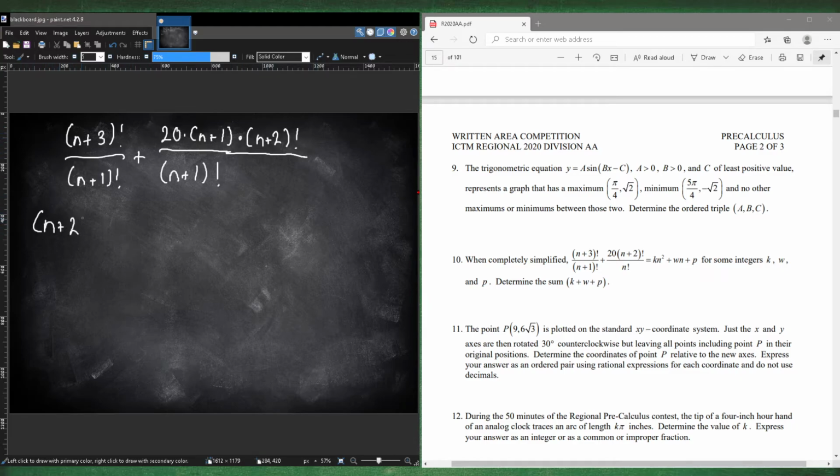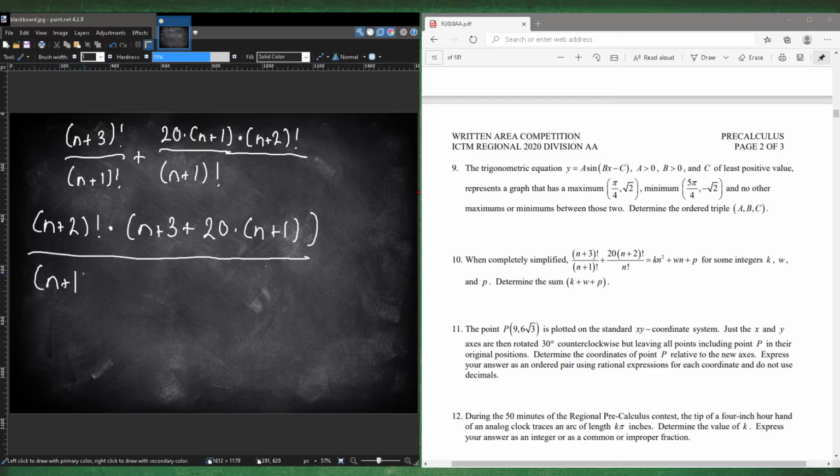So (n plus 2) factorial multiplied by, we're left with an n plus 3 from this one, plus 20 times (n plus 1), divided by (n plus 1) factorial. So we can cancel out the (n plus 1) factorial with this, which leaves an n plus 2.